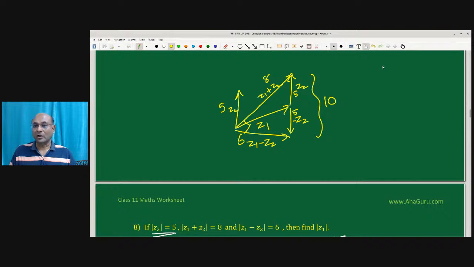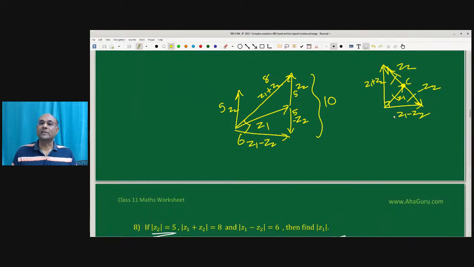Okay. So if I now draw, this is Z1 plus Z2. This is Z1 minus Z2. And then draw this. Take the midpoint. This is Z1. This is Z2. This is minus Z2. Now you know that this is a right angle triangle. So this is angle in a semicircle. This is the center. So this is equal to this is equal to this.